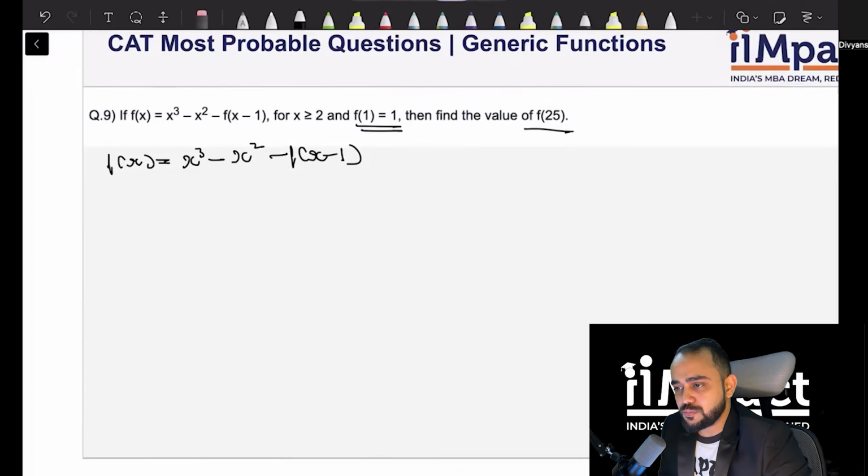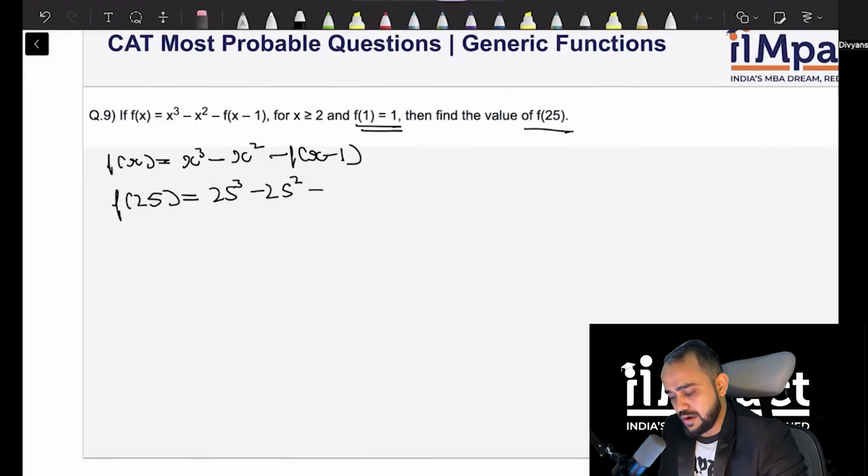So let us proceed. F of 25 is going to be 25 cube minus 25 square minus f of 24. Now f of 24 also I can replace by using this again.